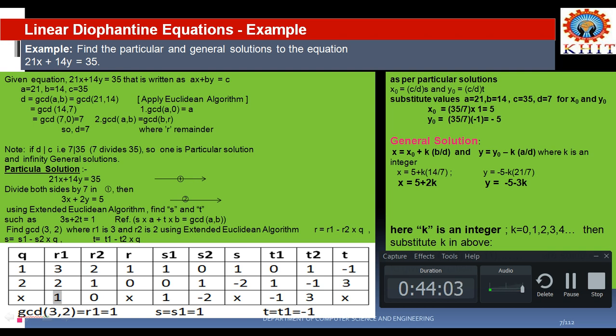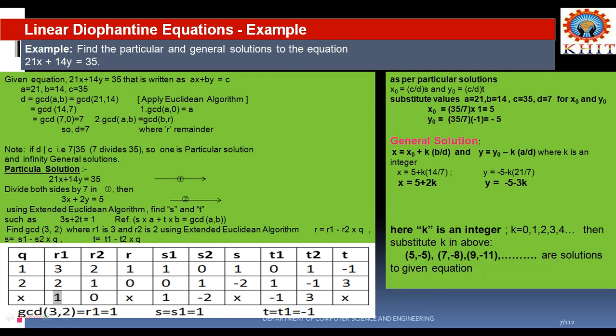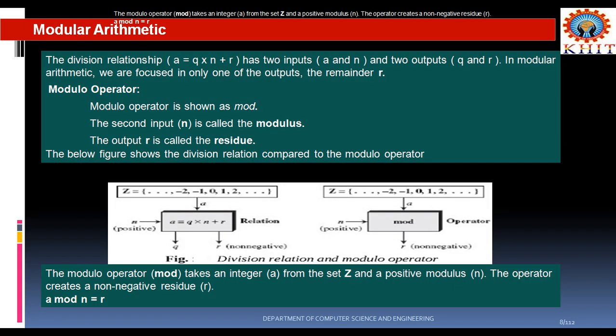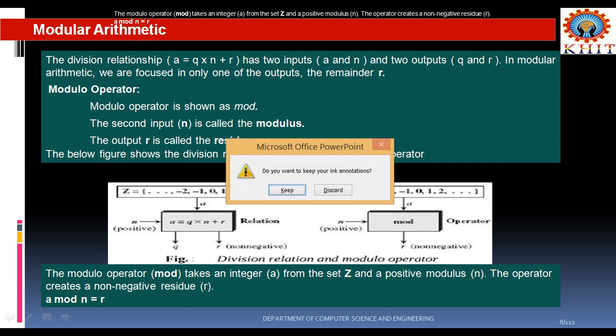Substitute k equal to 0 and get one xy pair, k equal to 1, we are getting another pair, like that. So finally we have the different solutions for the given equation. Now this is our topic today. So here I explained Euclidean algorithm, extended Euclidean algorithm.